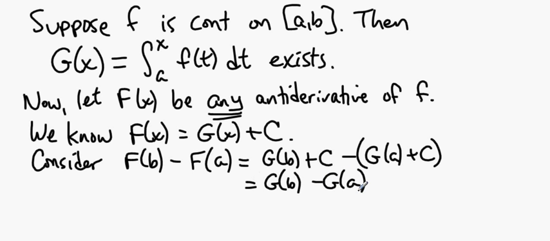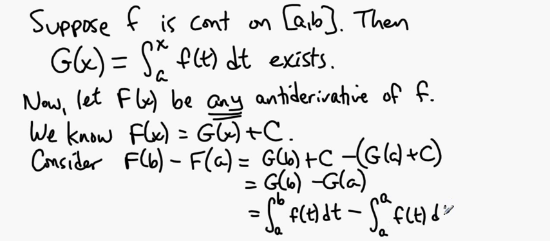Well, let's think about what this is from a definitional standpoint. This is the integral from a to b of little f of t dt minus the integral from a to a of f of t dt, but we know what this is. This is 0.